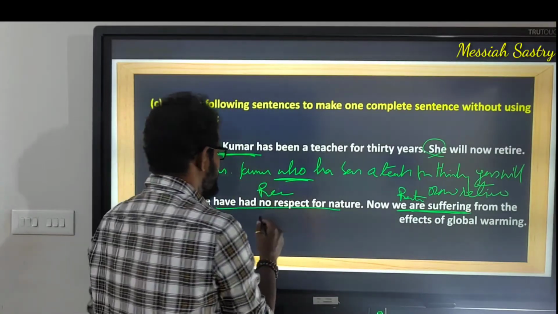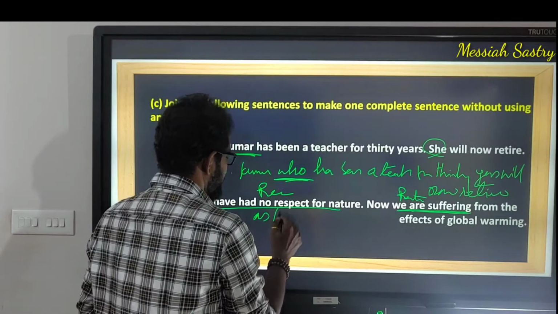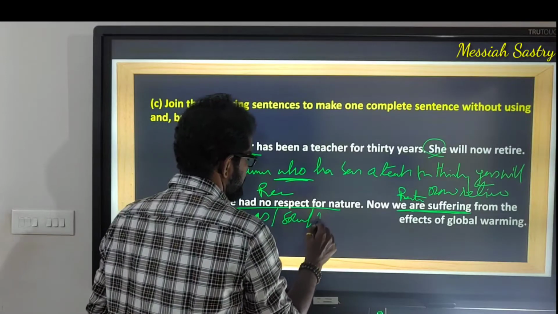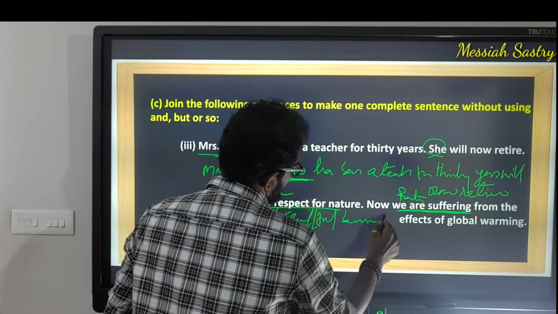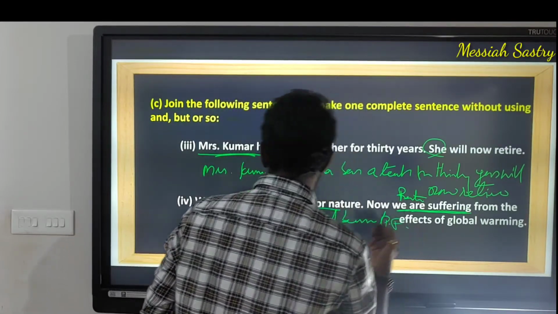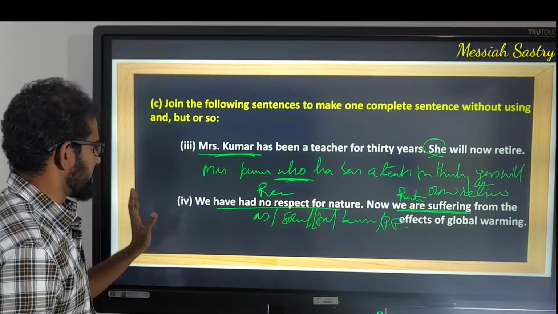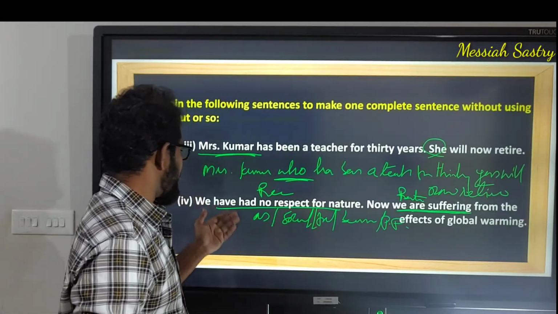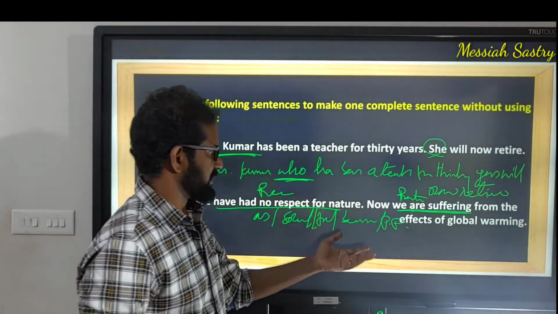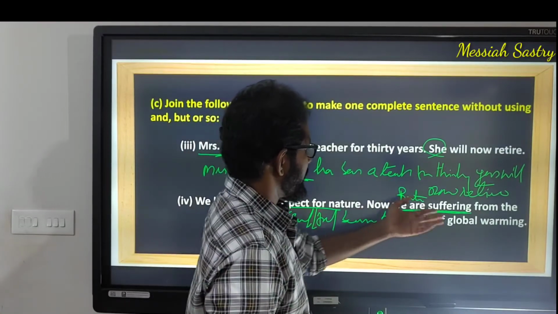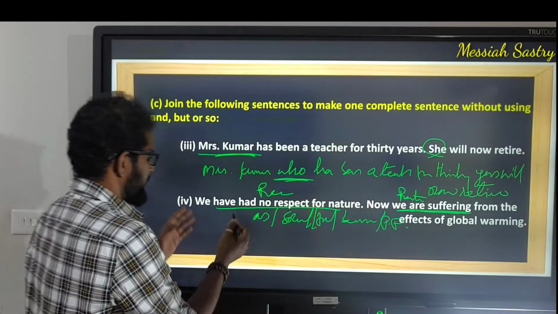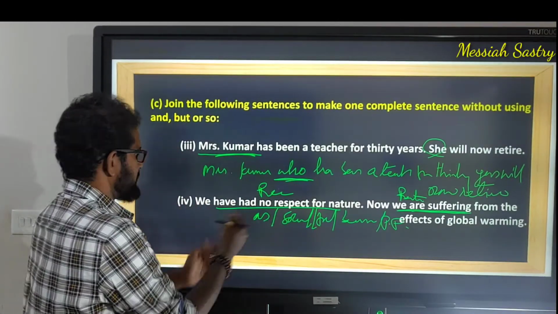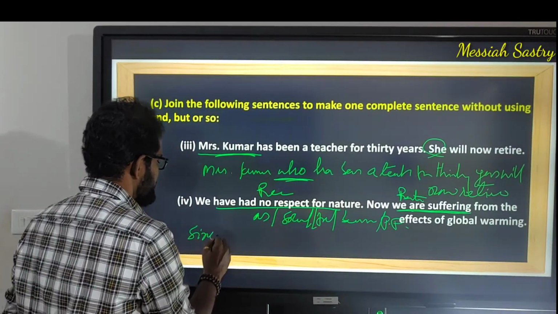When it is a reason, as I told you earlier, we have as, since, for, because, and present participle. Let us write with as first. As we have had no respect for nature, now we are suffering from the effects of global warming. We are supposed to use a comma. We can use since.